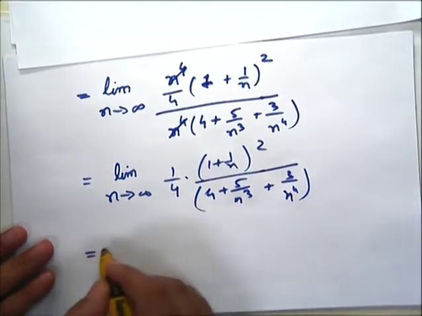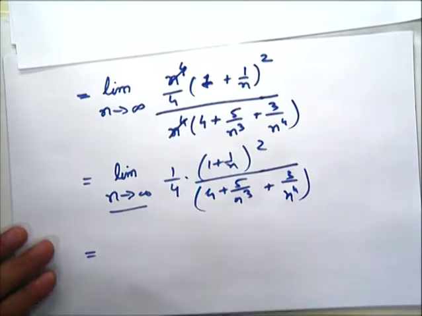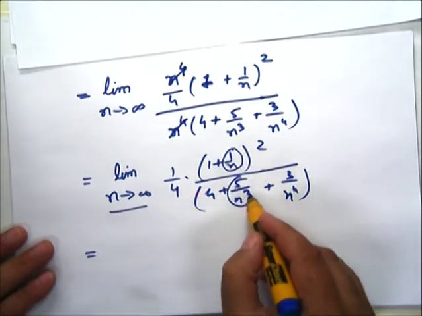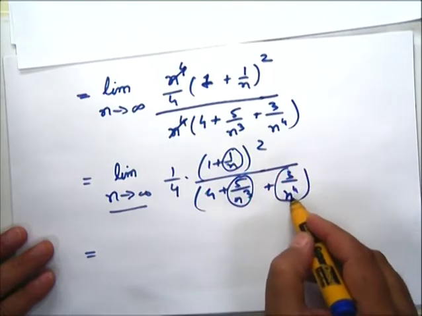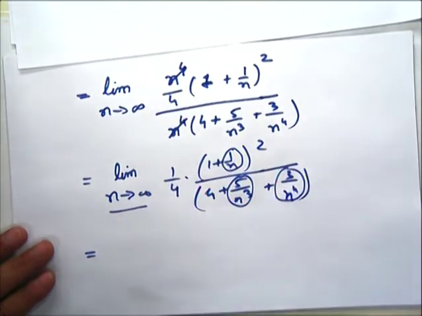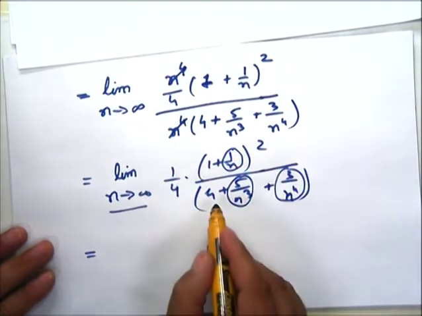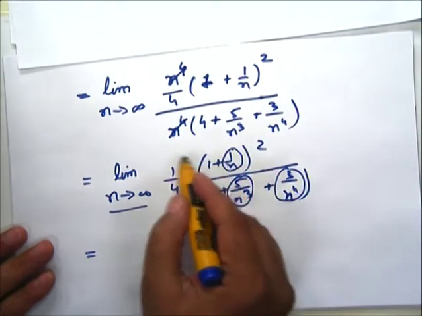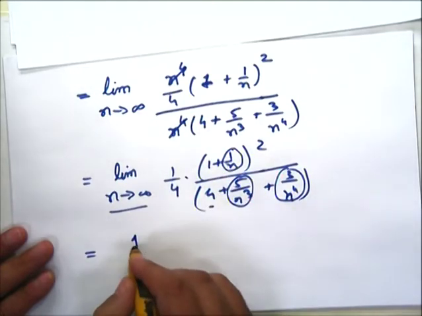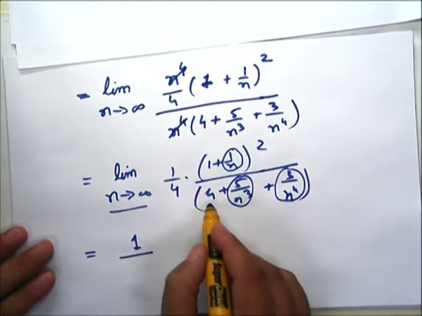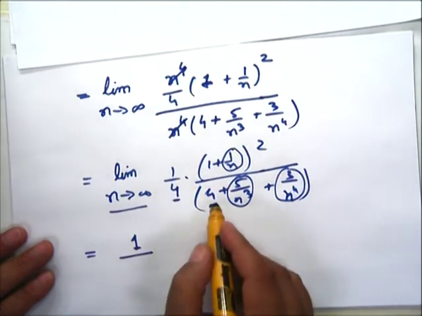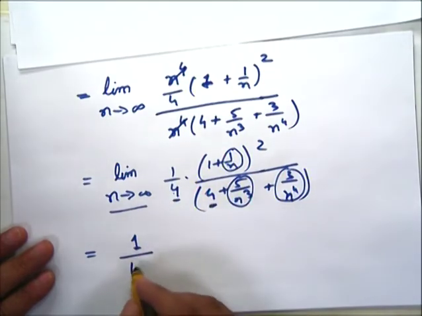Now we apply this limit n tends to infinity. This will be 0, this will be 0, and this term also will be 0. So it is 1 square, and here simply 4. So in the numerator we have only 1, and here 4 and another 4, so 4 into 4, 16.